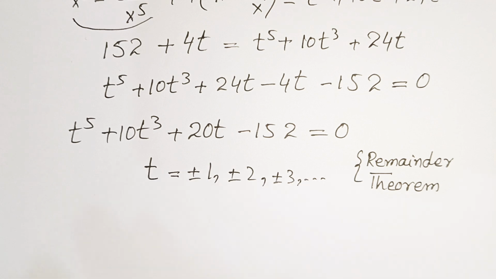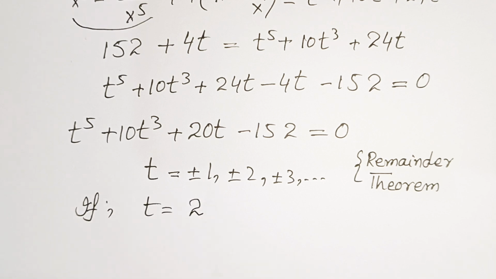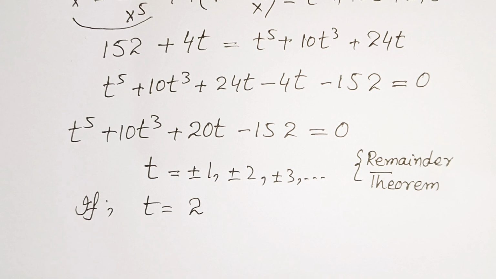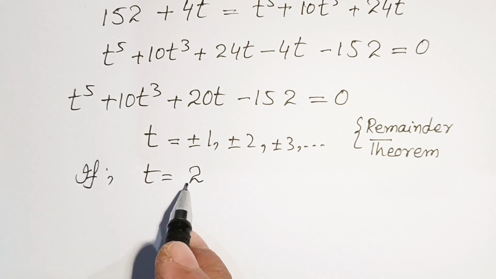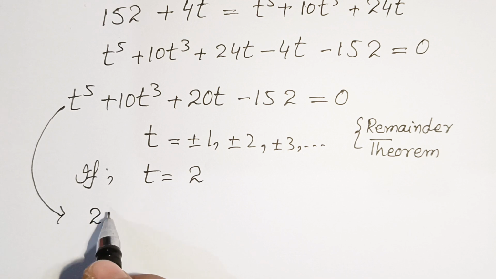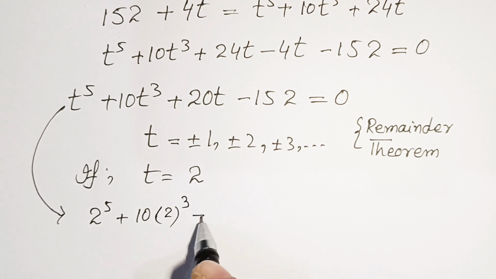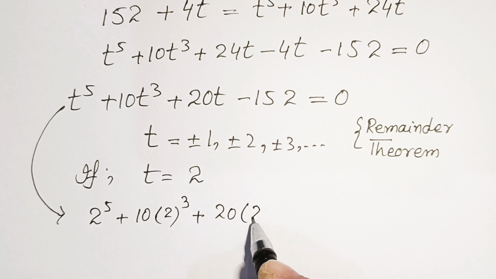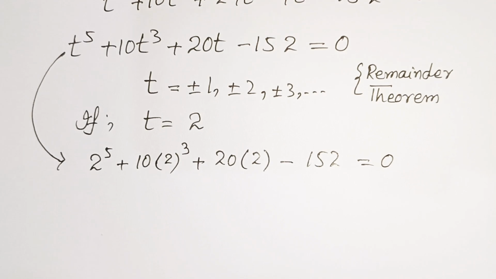So let's say t is equal to 2. Putting this value of t in the above equation, t to the power 5 will be 2 to the power 5, plus 10 times t cubed will be 2 cubed, plus 20 times t is 2, minus 152 is equal to 0.